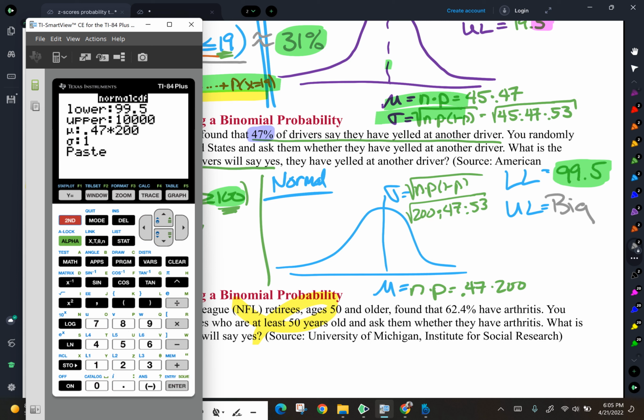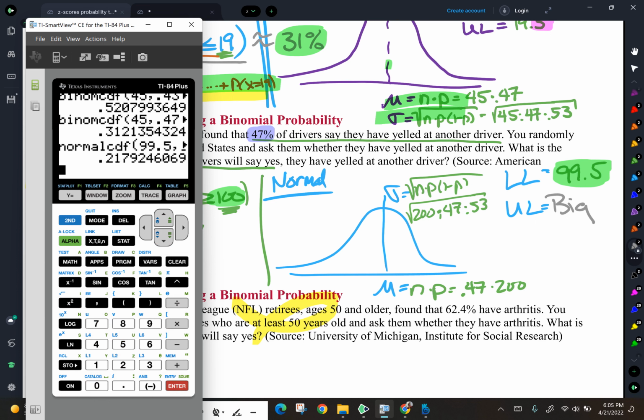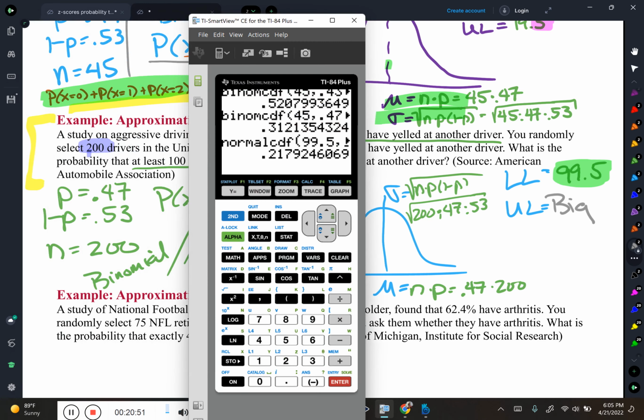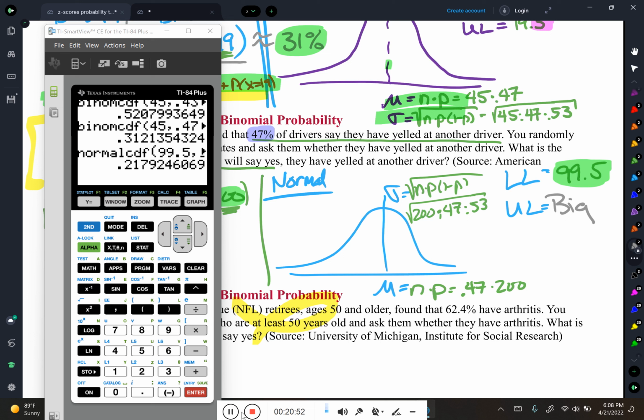My standard deviation is the square root of 0.47 times 200 times 0.53. Close my parentheses, paste that back in. I get a value of 0.217. And so it looks like we have a probability of about 22%. So there's a 22% chance that 100 people or more will say they have yelled at another driver.